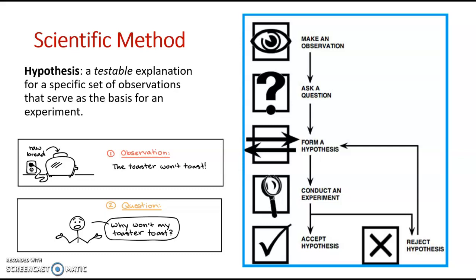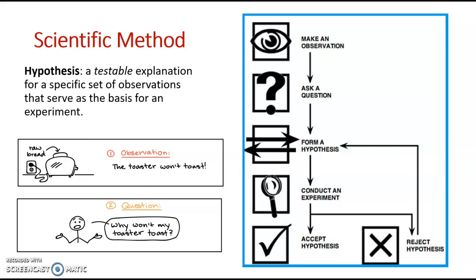And then your hypothesis serves as the basis for the experiment that you will go on to develop. So the really, really important thing about your hypothesis is that you have to be able to test it. If you can't test it, then you can't use the scientific method to determine if your hypothesis is supported or not supported by the data that you collect.